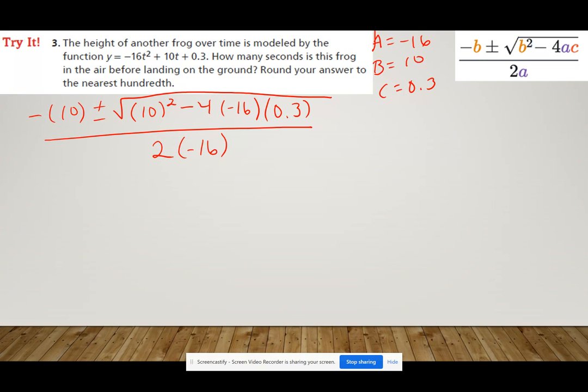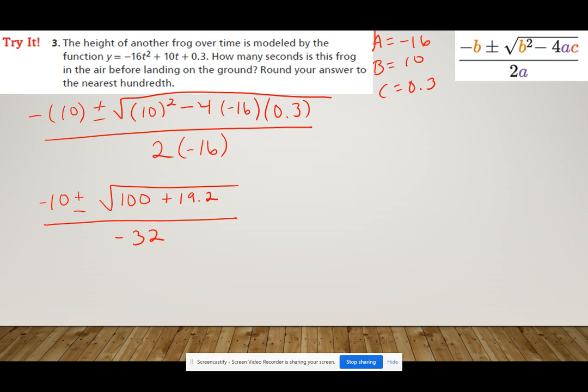Okay, so let's go through. The opposite of 10 is negative 10, plus or minus the square root. 10 squared is 100. Negative 4 times negative 16 times 0.3 gives me positive 19.2. And then 2 times negative 16 is negative 32.